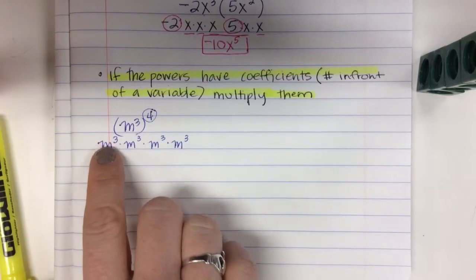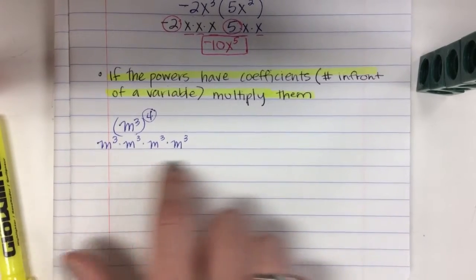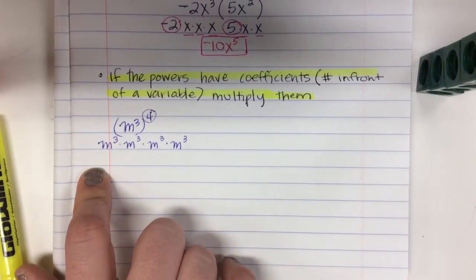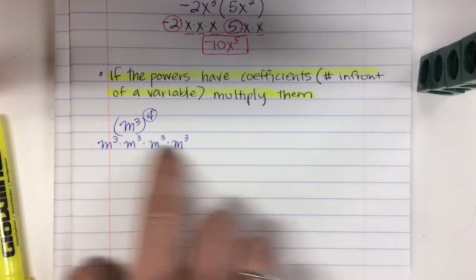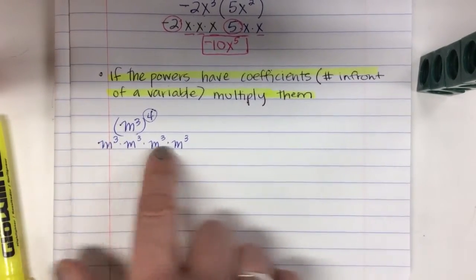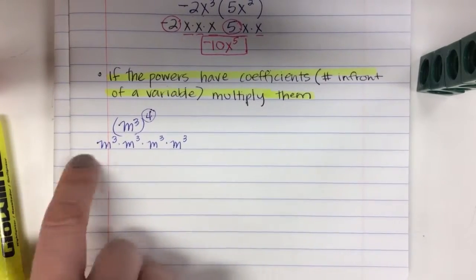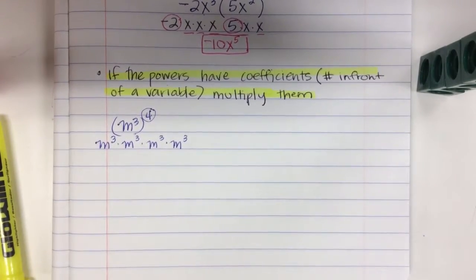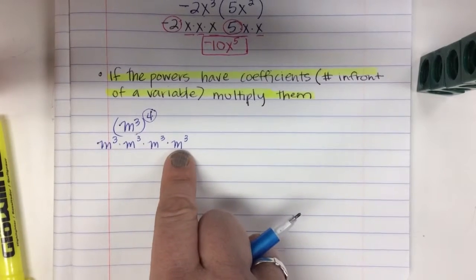If I look at this problem, do you know anything about this problem, Audrey, that we already learned? Is there anything we know about this problem already? Is there any rule that we've already learned that you could do to this problem, Colin? They have the same base, so add the exponent. They have the same base, m and m.